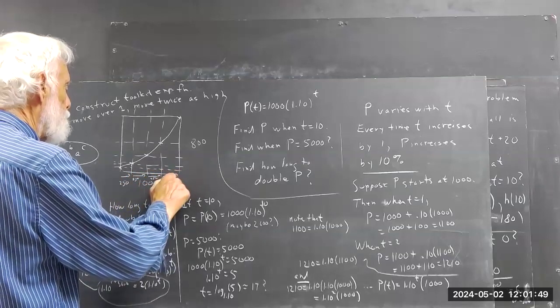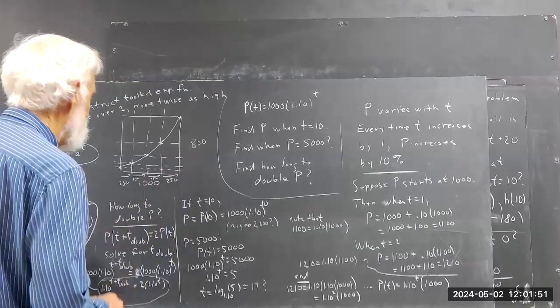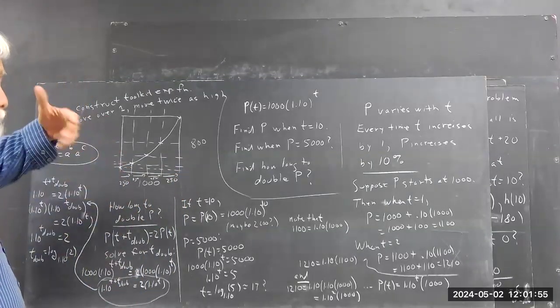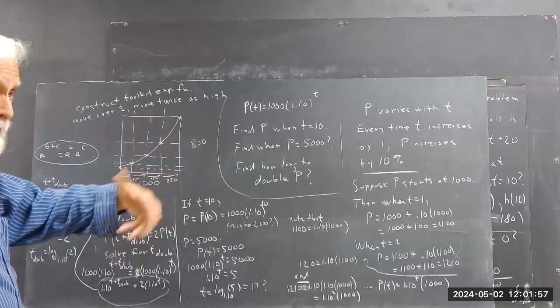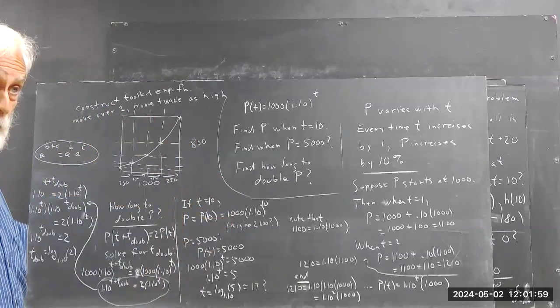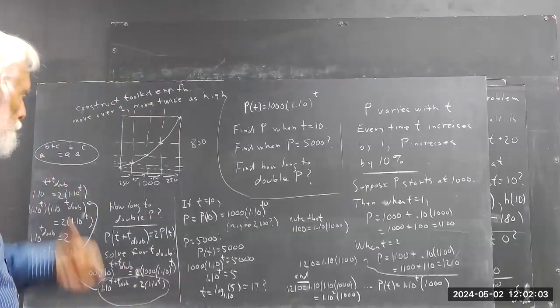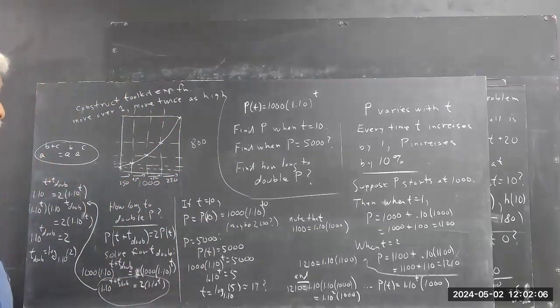This isn't y equals 2 to the t. This is a transformation of y equals 2 to the t, with a vertical stretch of 800 and horizontal compression by a factor of 250.